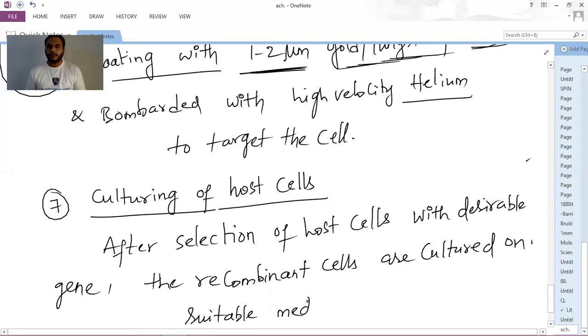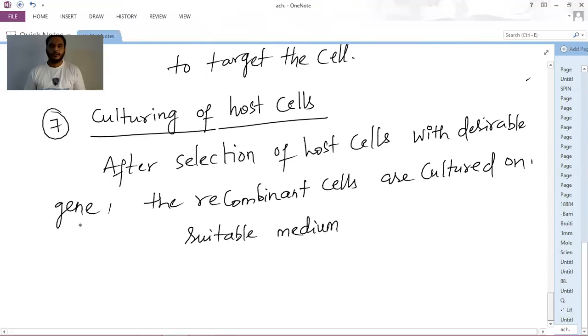By using suitable media only, we can culture these recombinant cells. Recombinant cells means the host cells with the desirable DNA.